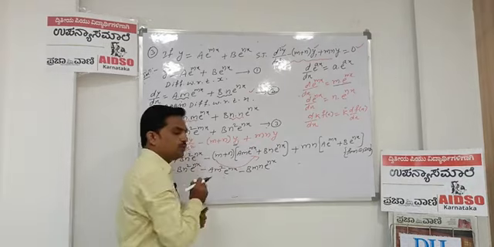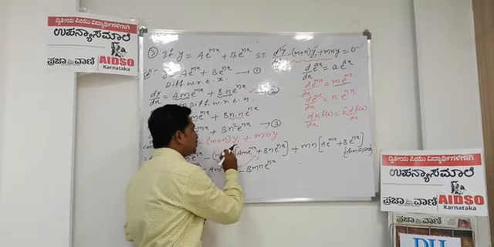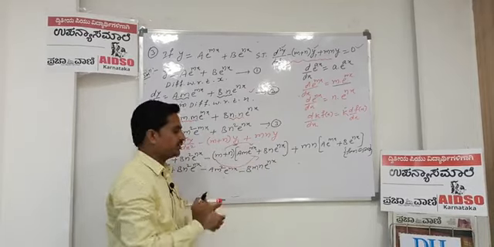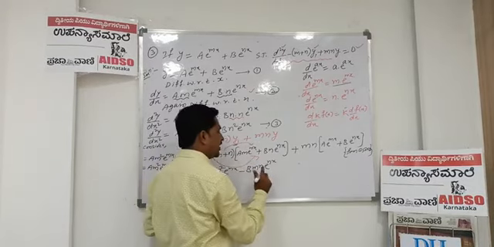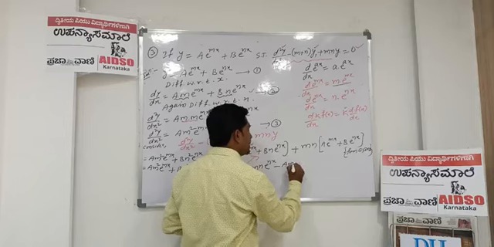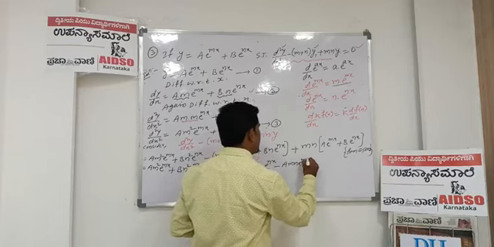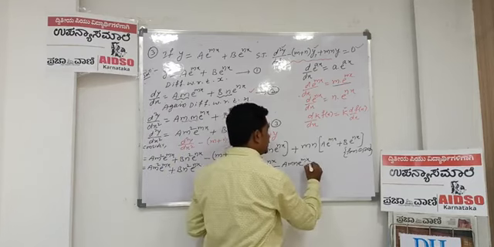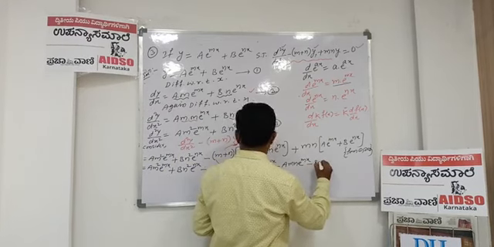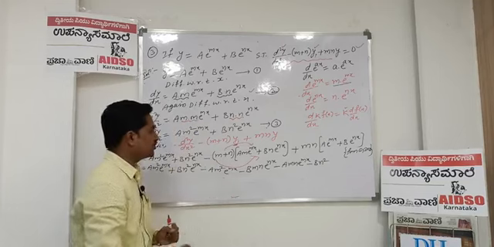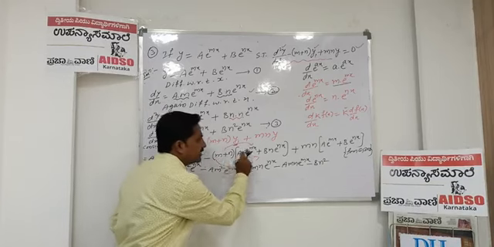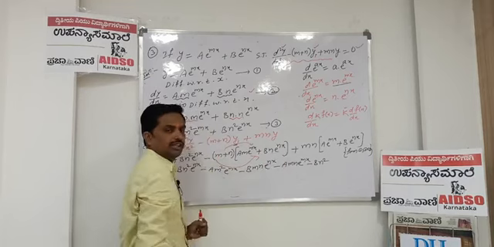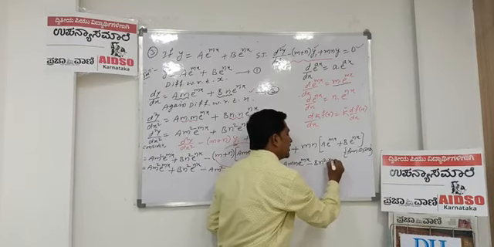Now minus n, so through the minus n the entire value should be multiplied with this bracket. So minus n into am will be equal to minus amn e to the power mx. Similarly minus n into bn, so this is nothing but minus bn square. I am writing here n square because minus n into n will be equal to n square, e to the power nx.